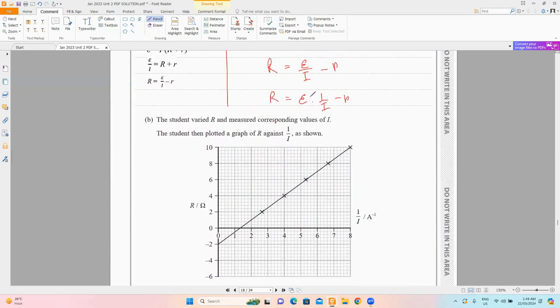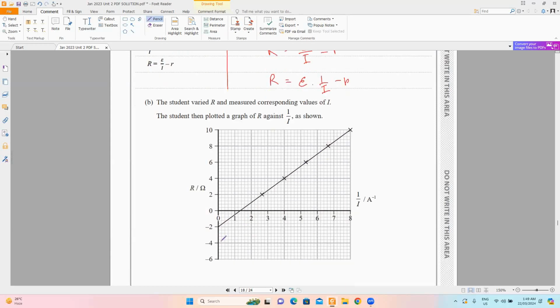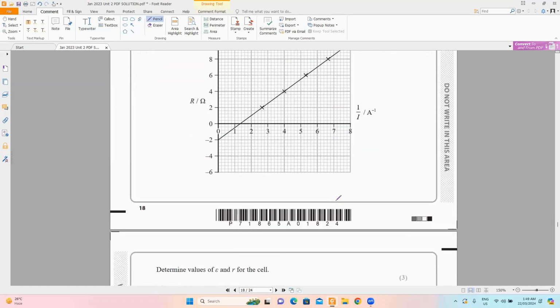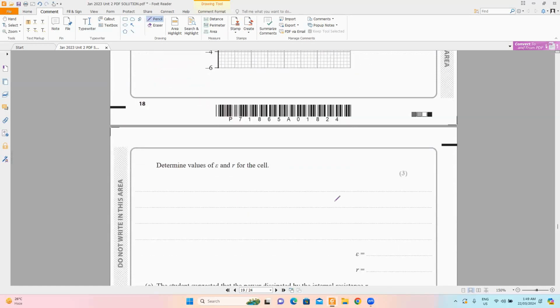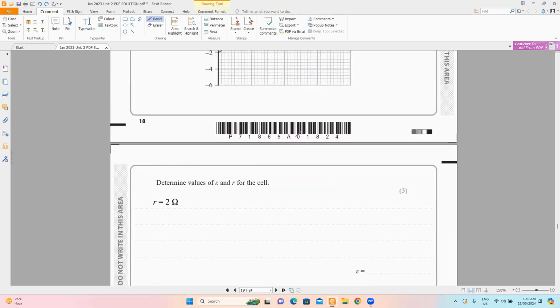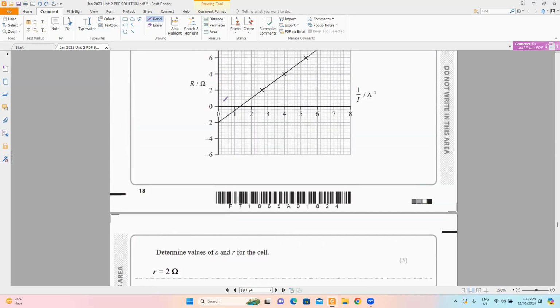Like I said, first you have to find out the gradient of the graph and then the y-intercept. As you can see, the y-intercept is -2. And if you take the gradient, it will be this value.